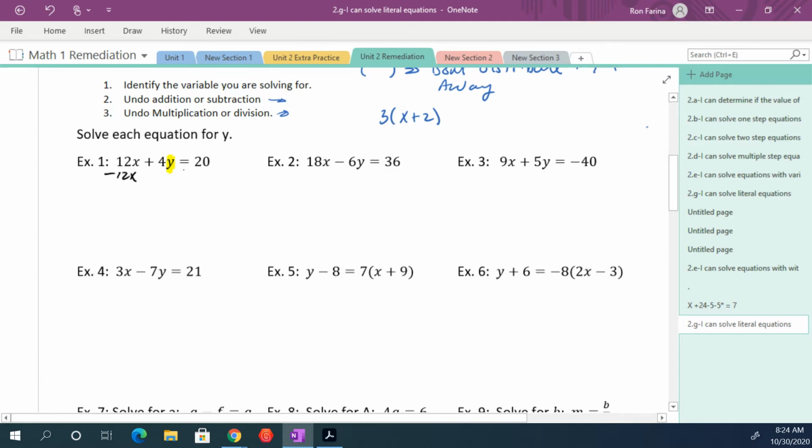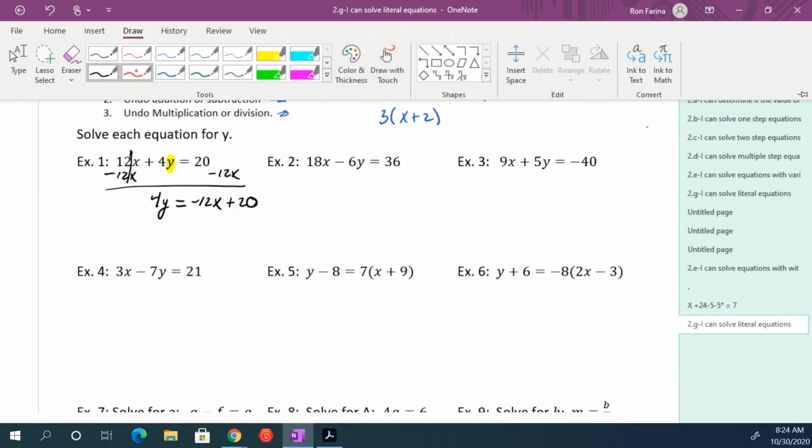I'm going to subtract the 12x and bring it over. Now, that tells me I'm going to bring down the 4y. And when I write the right side, I'm going to put it in standard form, meaning the x first. So negative 12x. Then I bring down the positive 20, so I'm going to add the 20.